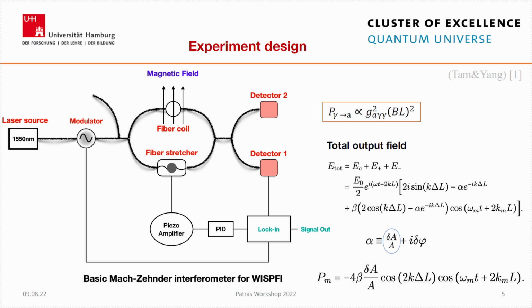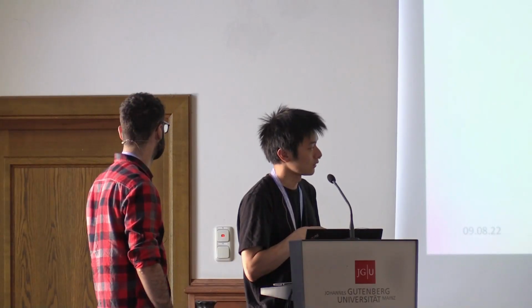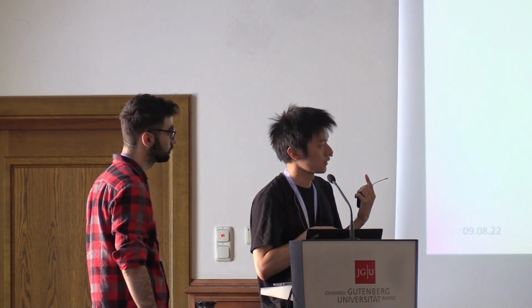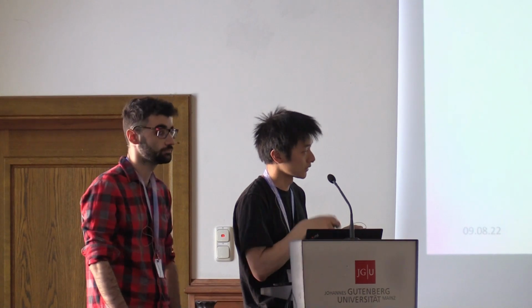You can see this output power term, which we focus on. It shows delta A over A, the amplitude reduction via photon-axion conversion. And when the interferometer is near a dark fringe, we can extract only this signal.